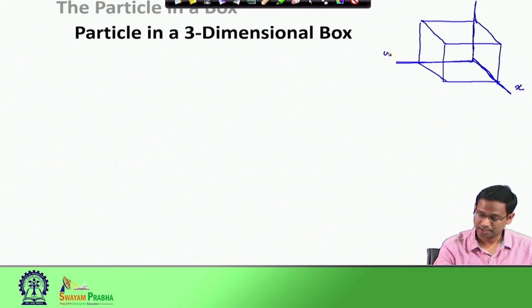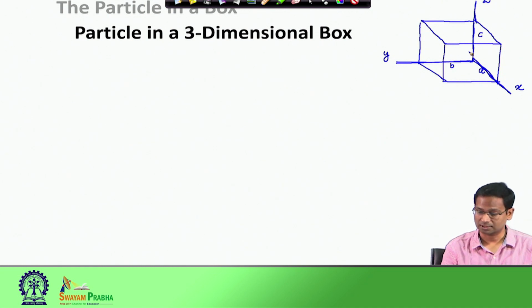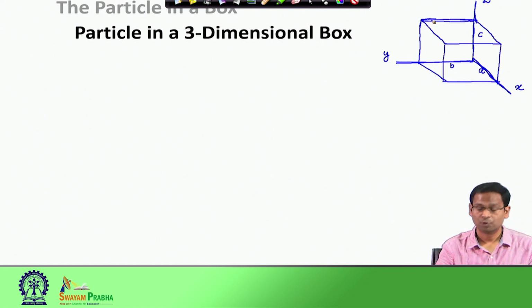Let us call them x, y, z, and the sides are a along the x axis, b along the y axis, and c along the z axis. Let us consider this cuboid a box with the dimensions a, b, c, where the particle is.